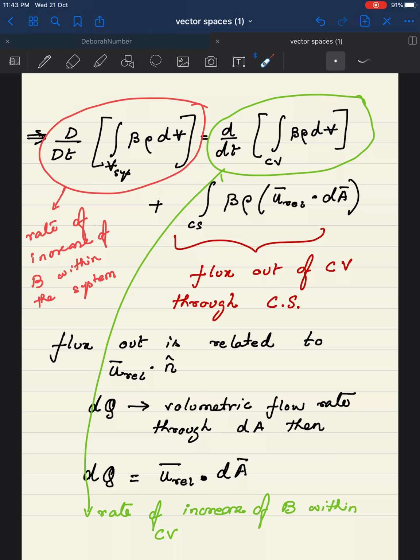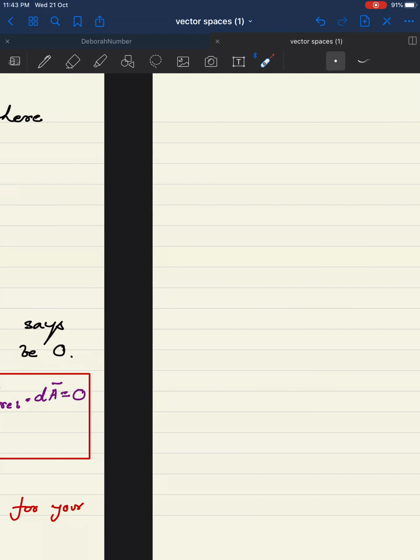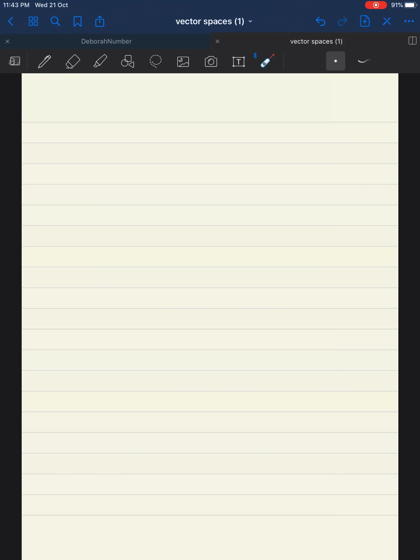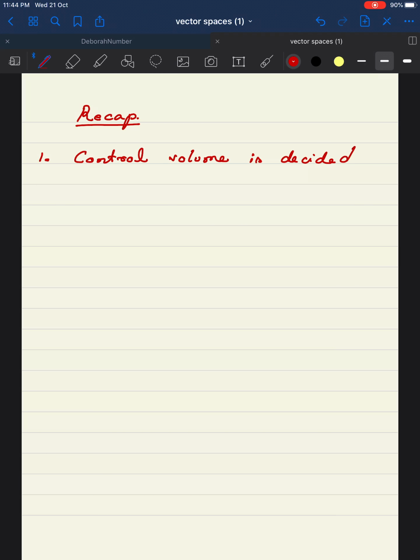Okay, good. So to recap, some important points. The control volume is decided by the observer. It can be anything you want, but you have to choose the right control volume.